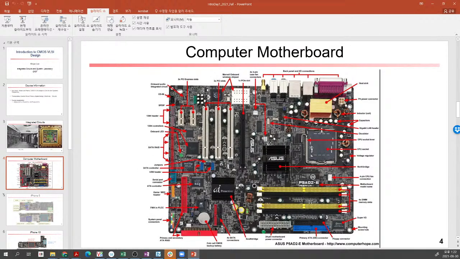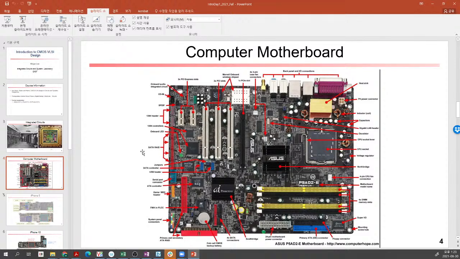Here you can put the CPU, and then we have the North Bridge chipset that deals with the data transfer between memory and the CPU, and also a South Bridge chipset that handles the data transfer to the I/O, like disk drives and other external devices.